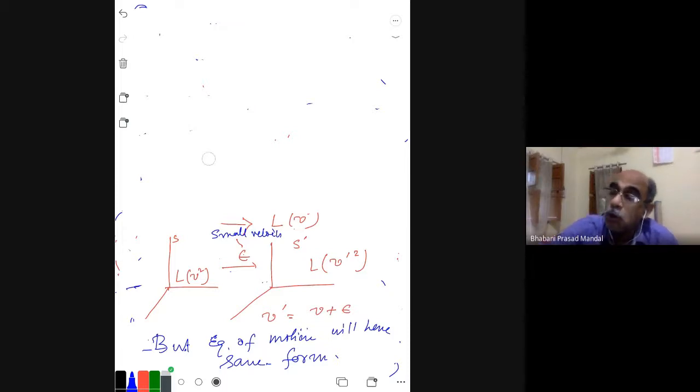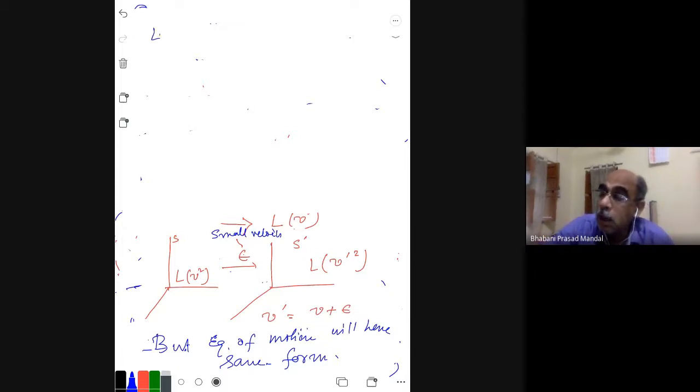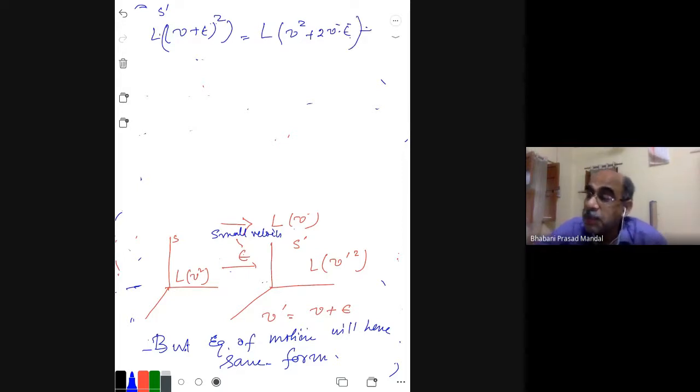Okay. So now L of V plus epsilon whole square, this is the Lagrangian in S prime frame. So we are starting with that. This can be written as V square plus 2 V dot epsilon, plus epsilon square. But epsilon is small, so I am neglecting epsilon square.